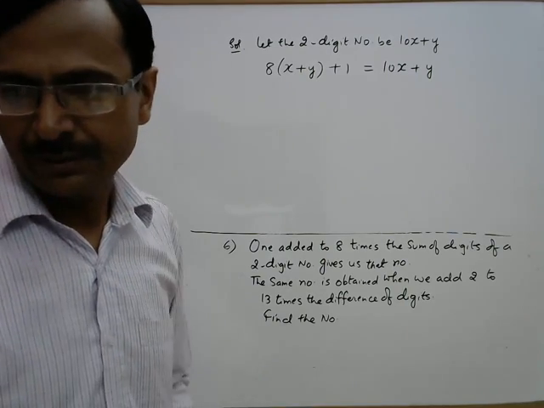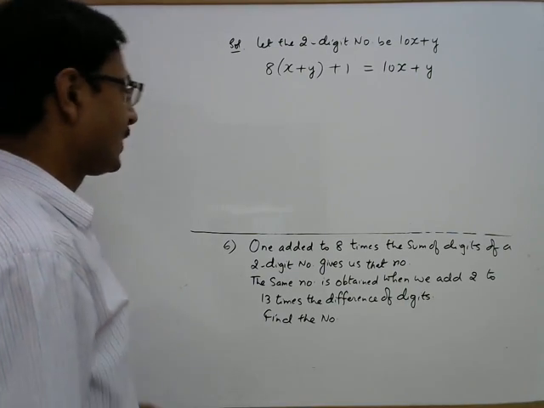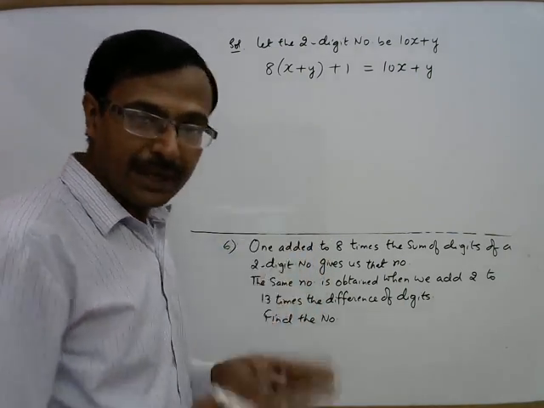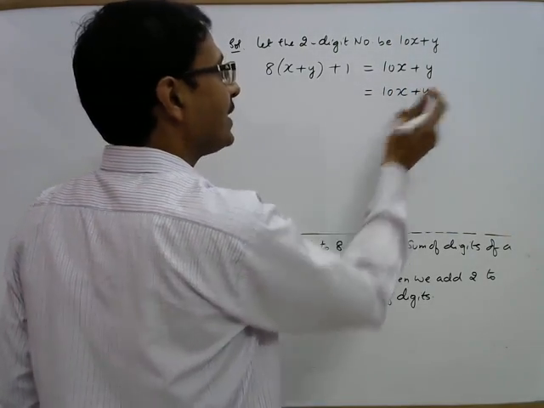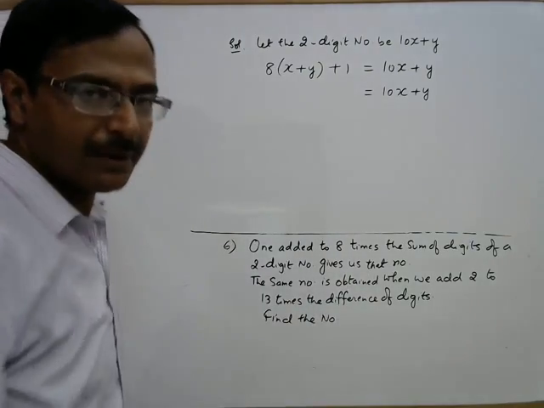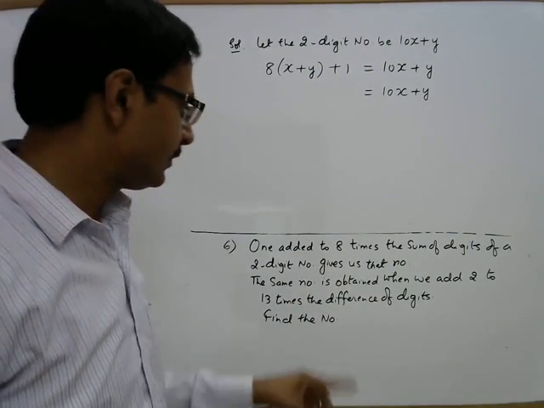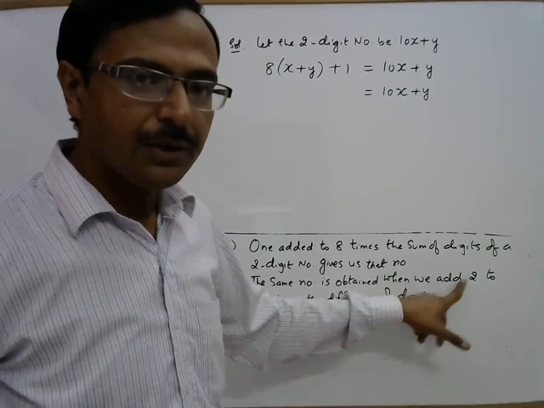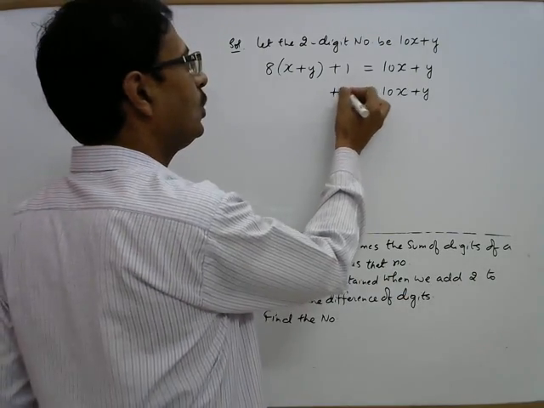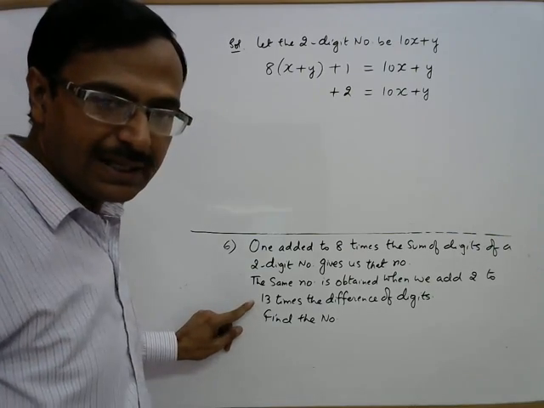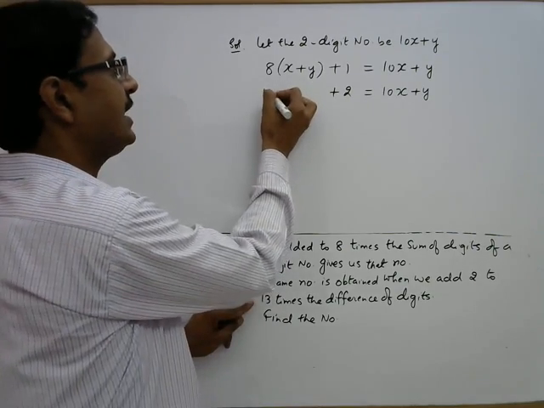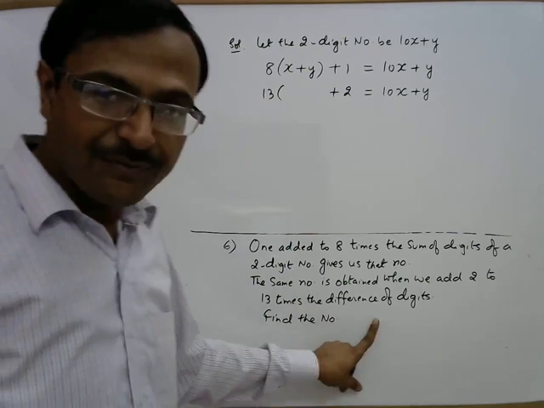Now the second equation. The same number is obtained. Obtained means is equal to 10x plus y. The same number is obtained. How is it obtained? When we add 2, and to what do we add it? To 13 times the difference of digits.